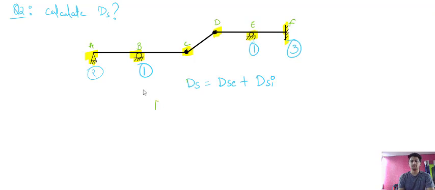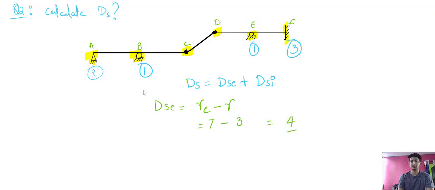For calculating DSE, the formula is Re minus R, that is external reactions minus the equations of equilibrium. The external reactions here are 2, 3, 4, 5, 6, 7, so 7 external reactions minus the equilibrium equations, which are 3.